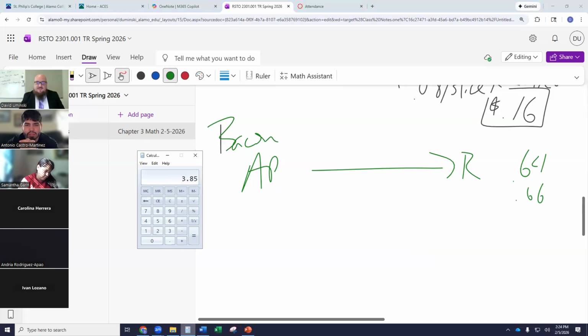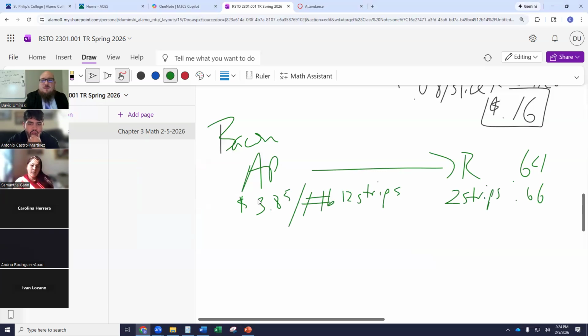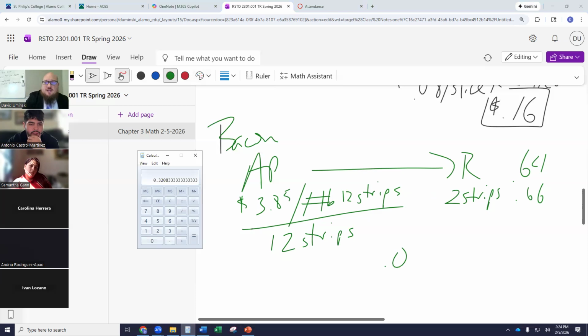So we do $3.85 divided by 12 strips. Sorry, 3.85. Let me write it out for you. 3.85 divided by 1 pound. But we know this 1 pound is equal to 12 strips. That's going to help us get to the same units. And so we divide by 12, and we get 0.3208.